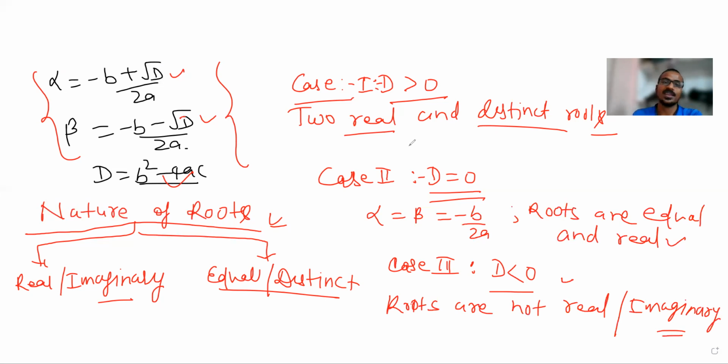So we have three important cases which conclude the nature of roots. If D is greater than 0, both roots alpha and beta will be different and real. If D is equal to 0, both roots will be equal and real. If D is less than 0, the value under the root is negative, hence under root D will be imaginary, and both roots alpha and beta will be imaginary.